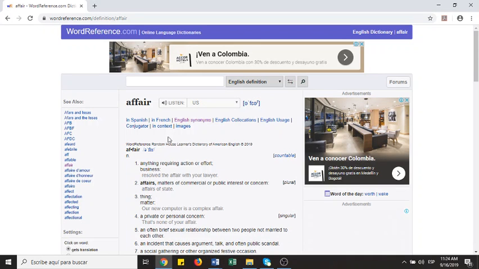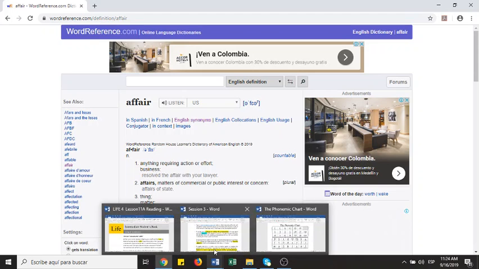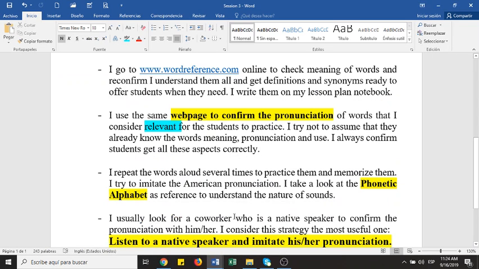Sometimes when you look at these words, there's also an example: resolve the affair with your lawyer. So there's a sentence there, because the idea is to check the meaning, the pronunciation, and the use of the word.